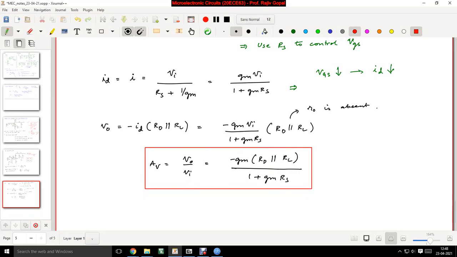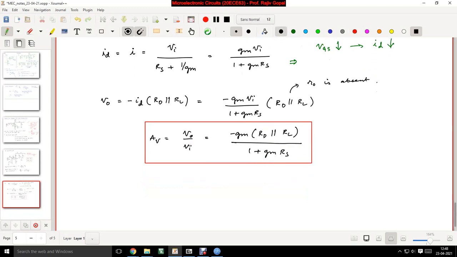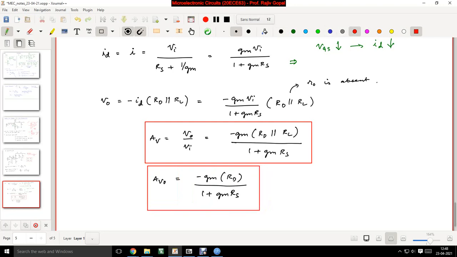Similarly, AV naught is minus Gm into RD, RL is absent, by 1 plus Gm into Rs. This one is the open circuited gain, not considering RL, so for this RL is infinite. I hope this is clear.